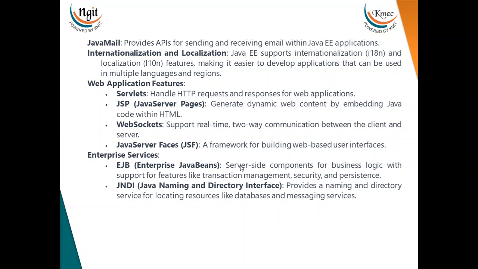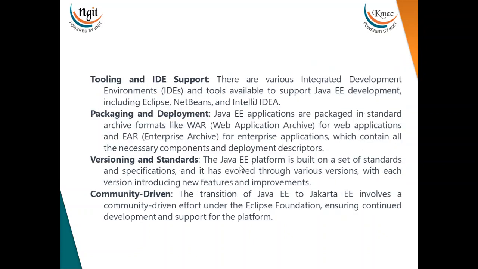JNDI, the Java Naming and Directory Interface, helps us locate resources. It might be databases or messaging services. Tooling, we know NetBeans, Eclipse, and IntelliJ IDEA are there. And packaging and deployment has been standardized, like WAR and EAR versions, as we know.